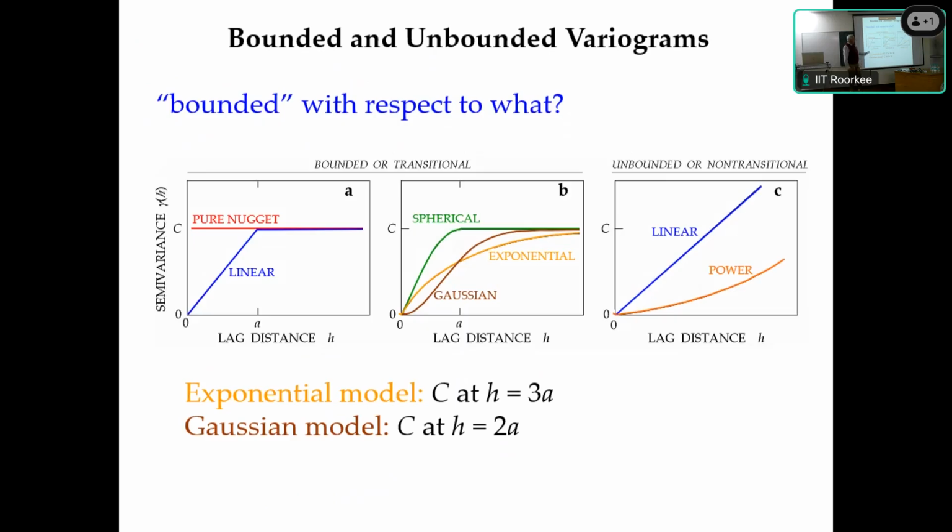We also have a slight deviation from this linear model, and that is the curvy linear model. The most simple form of it is the spherical model, frequently used. So we have first an increase, and then we have a curve, and then above a certain lag distance, A, that's the range, it becomes a plateau.